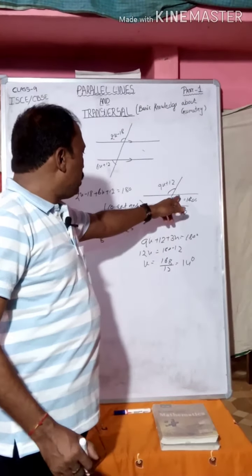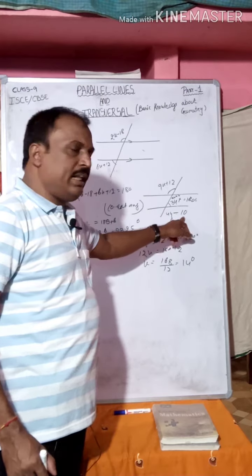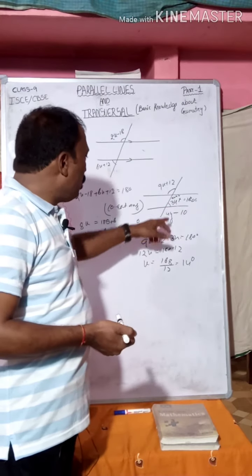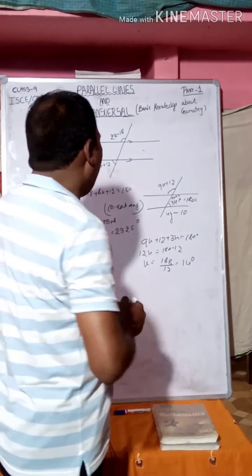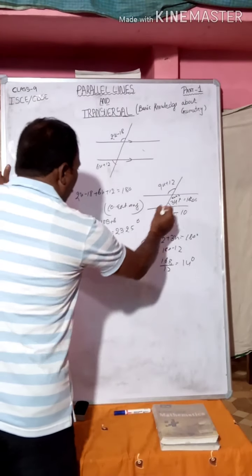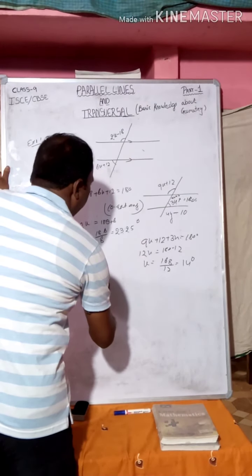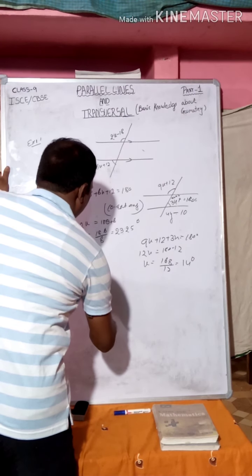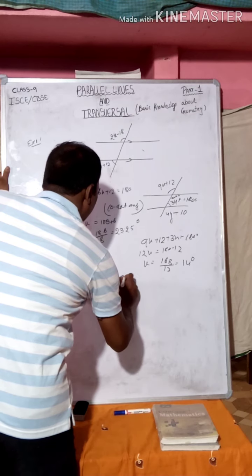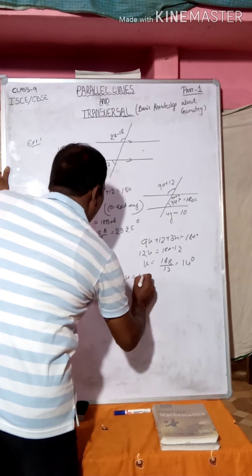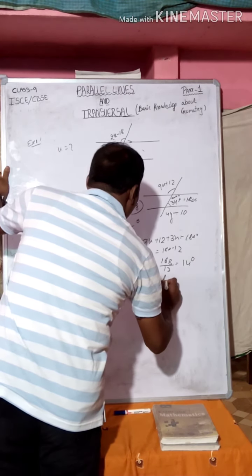Either 9x plus 12 and 4y minus 10 are corresponding angles and so equal, or 3x and 4y minus 10 are a linear pair. So I am taking the linear pair: 4y minus 10 plus 3x is equal to 180 degrees, linear pair.